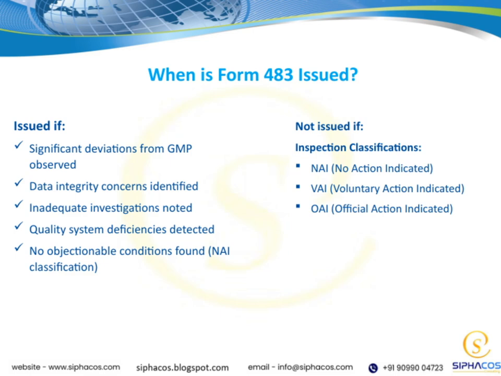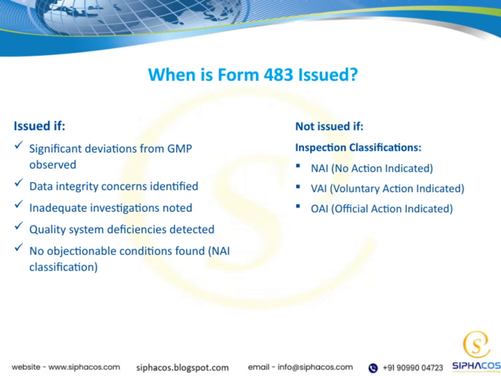However, the circumstances change when significant deviations from good manufacturing practice, or GMP, are observed during the inspection. In those cases, or if data integrity concerns are identified, or if inadequate investigations are noted, or if quality system deficiencies are detected, then a Form 483 is usually issued.